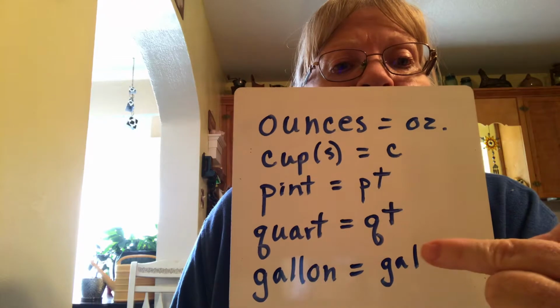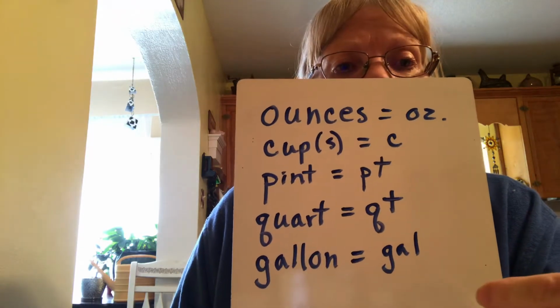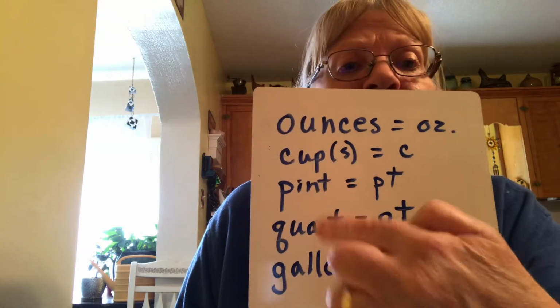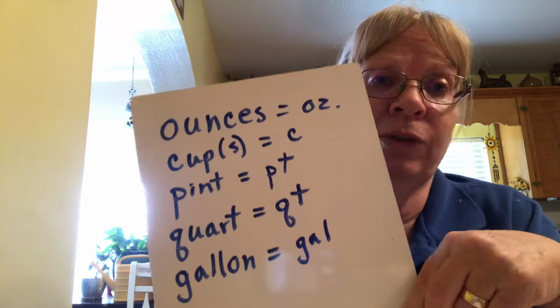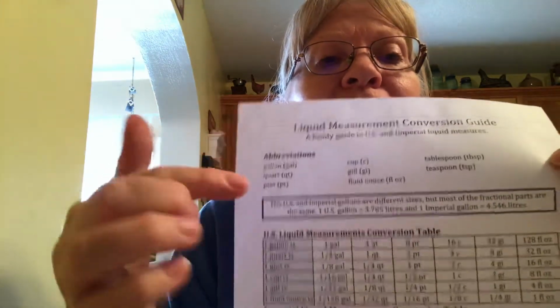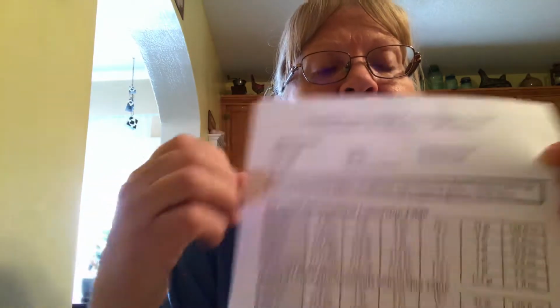Quart is QT. And gallon is GAL. And again, these can be plural and it's the same thing. You might also see FL OZ, which is fluid ounces. And at the top of your conversion chart, it has these abbreviations also.